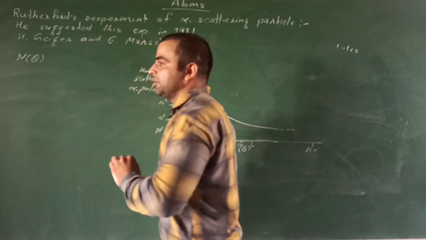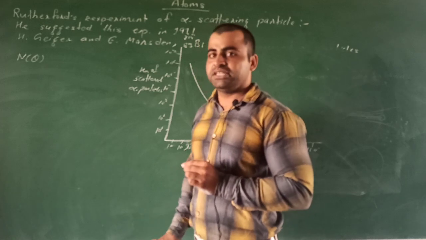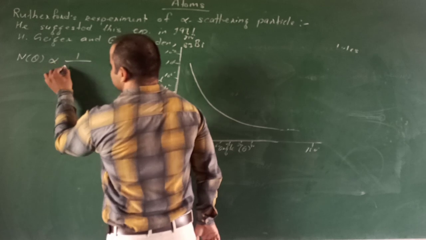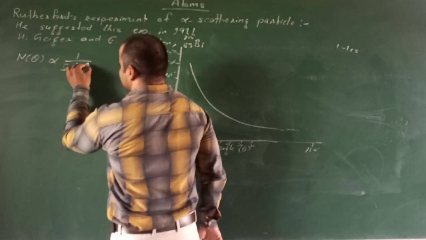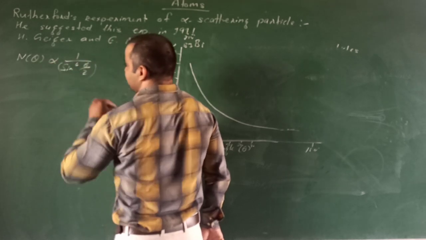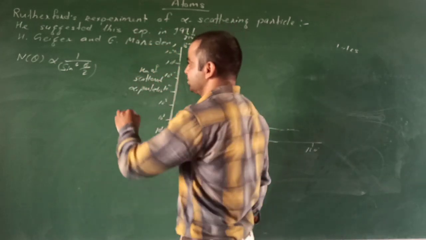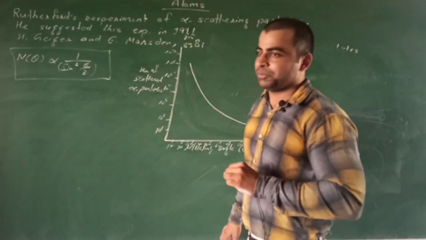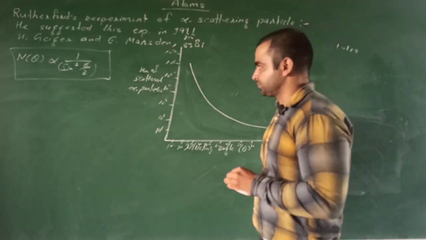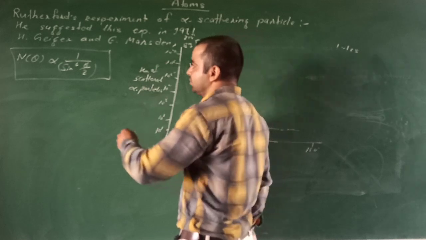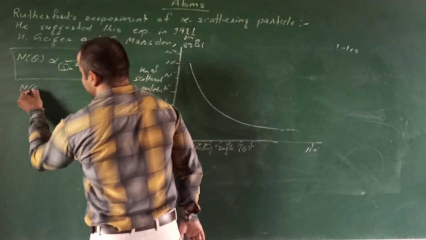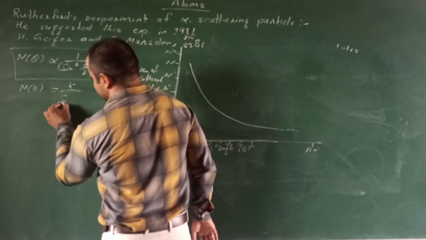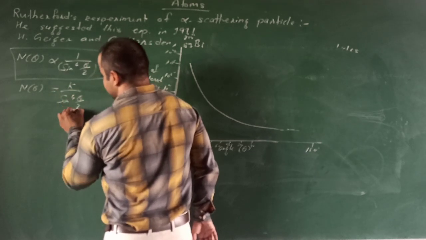The number of scattered particles at an angle theta was given as related to 1 by sine raised to power 4 theta by 2. This relation was given for the estimated value of the number of alpha particles scattered, or it can be shown as some constant k by sine raised to power 4 theta by 2.